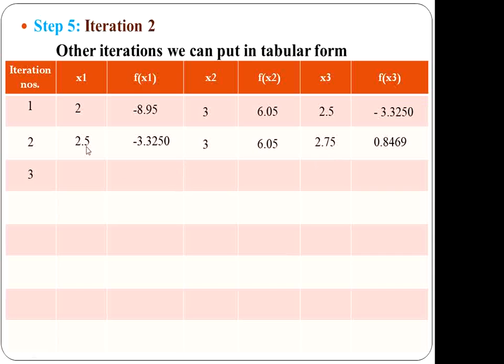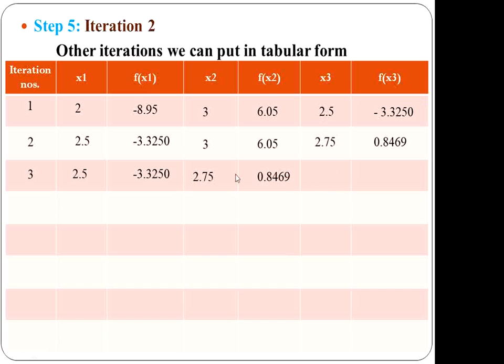So 2.5 remains 2.5, and the function of 2.5 we have already calculated, so we can again write minus 3.3250. x2 is now replaced by the new x2, which is nothing but 2.75, because f of x2 is positive, f of x3 is also positive. For 2.75, the function value is 0.8469, we can write here.